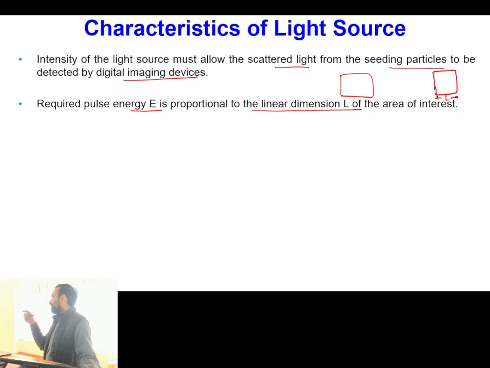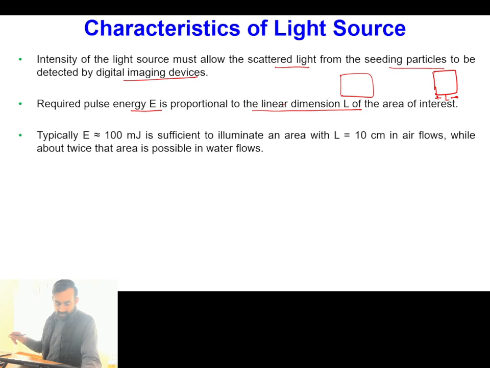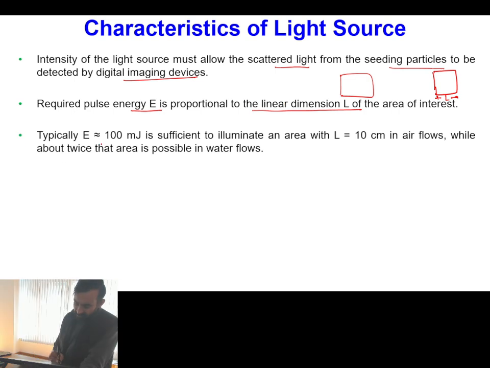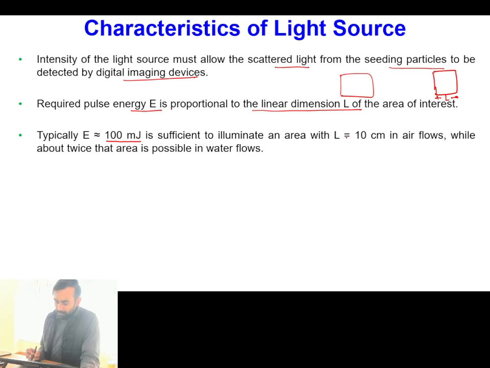If your frame of visualization is small, then the requirement of the pulse energy will also be less. And you can see that a laser of energy close to 100 millijoules is sufficient to illuminate an area of about 10 centimeter side, typically whenever we are working in airflow.